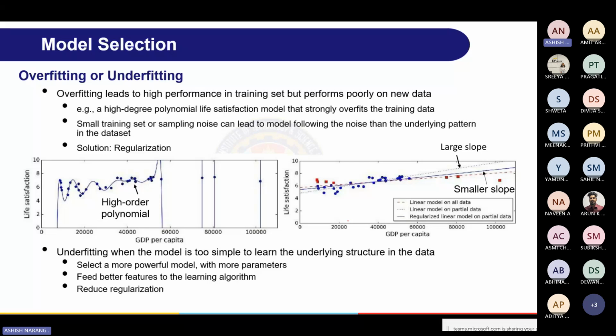So if you look at this particular diagram, what you see here are these points. What the model is trying to do here is fit all the points almost, very closely passing through the points.